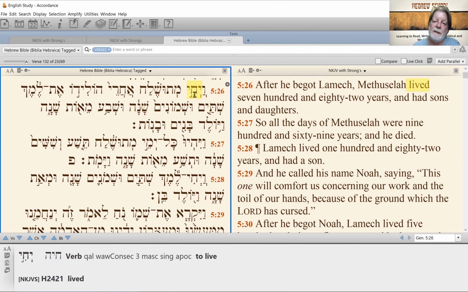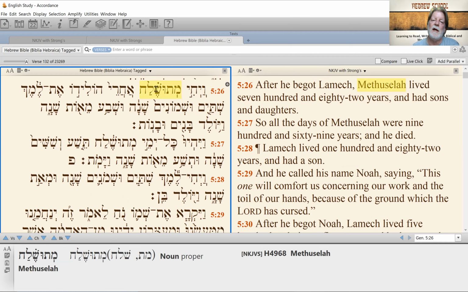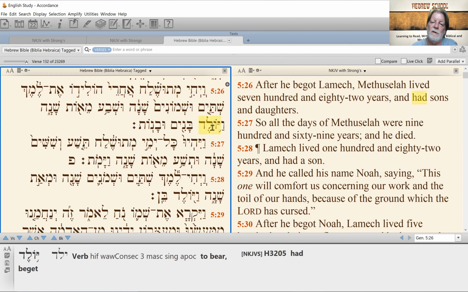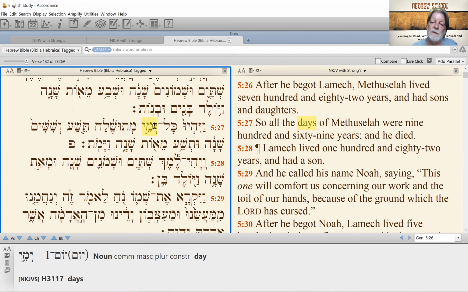Verse 26, Vayechi, and Methuselah lived, Achare Holido et Lemech, after he had caused to be born Lemech, Shtaim Ushmonim Shana, 82 years, Sheva Me'ot Shana, and 700 years. So we've got 782 years. Vayoled, and he caused to be born Banim Ubanot, sons and daughters.